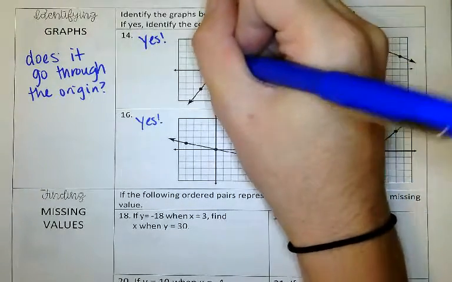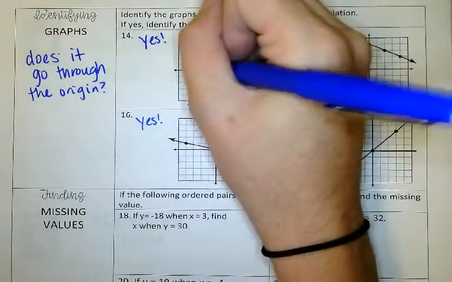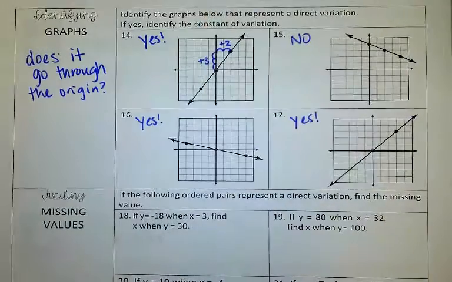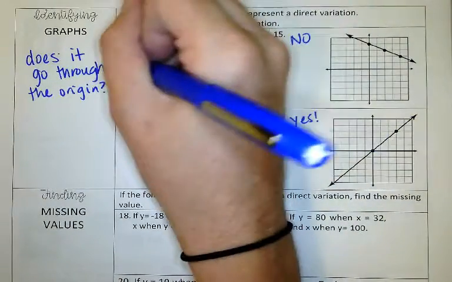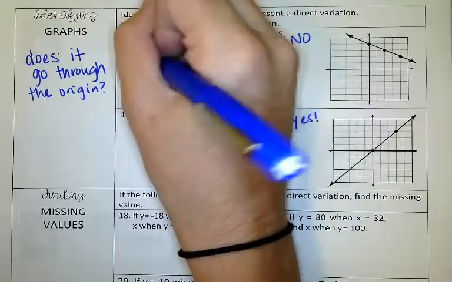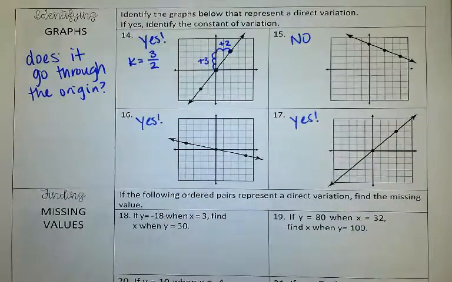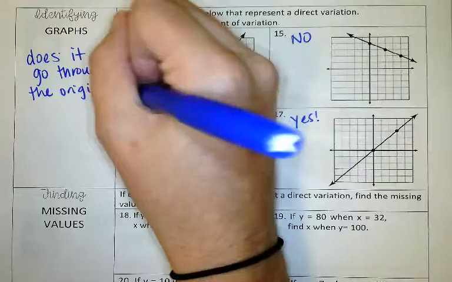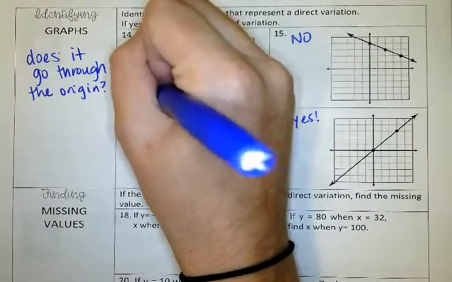So we're going up 3 over 2. That means my k is equal to 3/2. Does that feel good? You guys are tracking me? So the equation would be y equals 3/2 x.